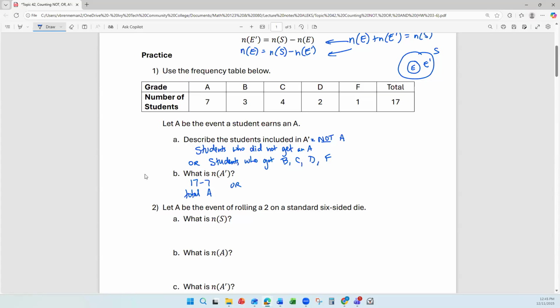Or you could do 3 plus 4 plus 2 plus 1, adding up the B, C, D, and F grades. Either way, it is 10.